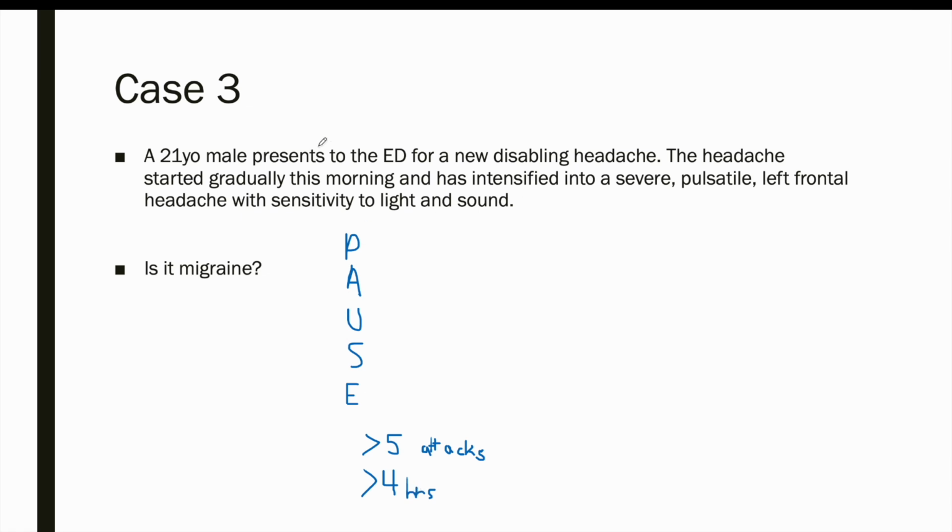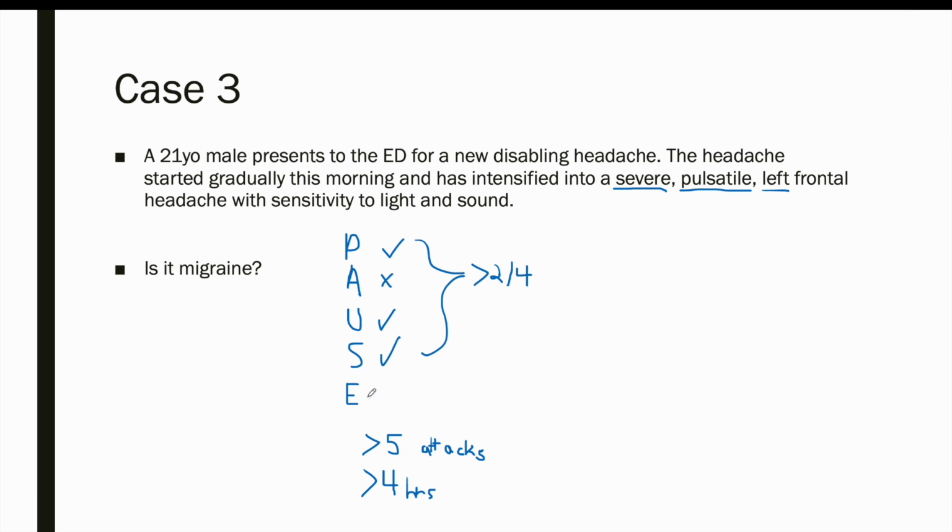So the headache started gradually this morning and has intensified into a severe, so he meets criteria for a severe intensity, pulsatile, also meets criteria for it being pulsatile, left frontal, so it's unilateral, and there's no mention of activity, but that doesn't matter because he already meets more than 2 out of the 4 that we need for these initial symptoms.